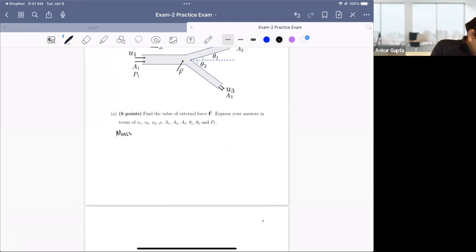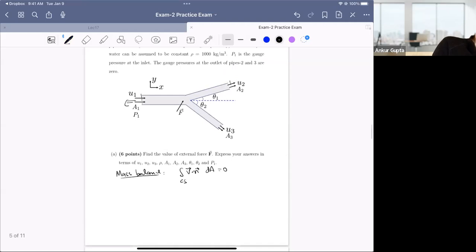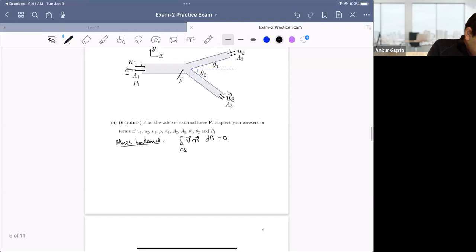And I believe these things will become hopefully second nature to you now. The integral over the control surfaces is equal to 0. So from here we know that the normal to the first one is opposite to the velocity. So this simply becomes minus A1 U1 plus A2 U2 plus A3 U3 is equal to 0.